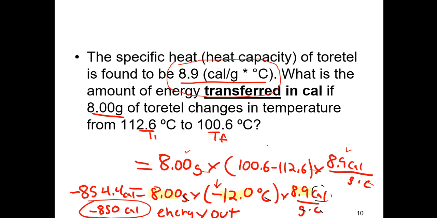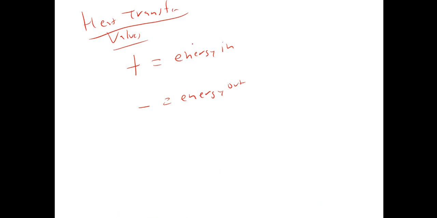Now, we have a new concept that we're about to get into, and this concept has to do with positives and negatives determining whether energy is going in or energy is going out. So in short, for heat transfer results, if the value reported is a positive value, then we can assume that energy is going in to a substance.